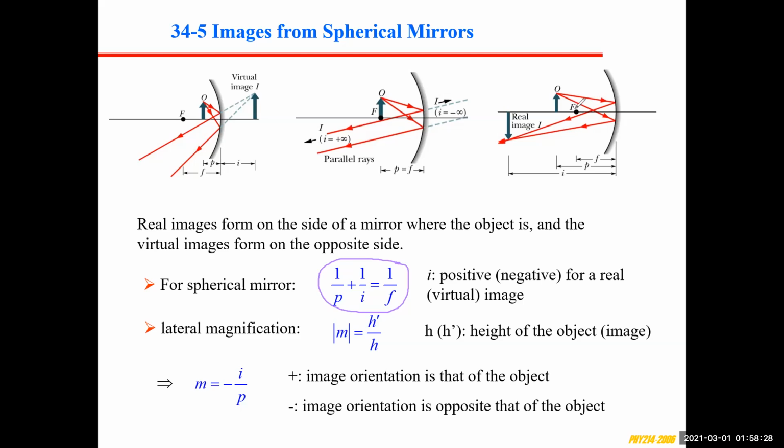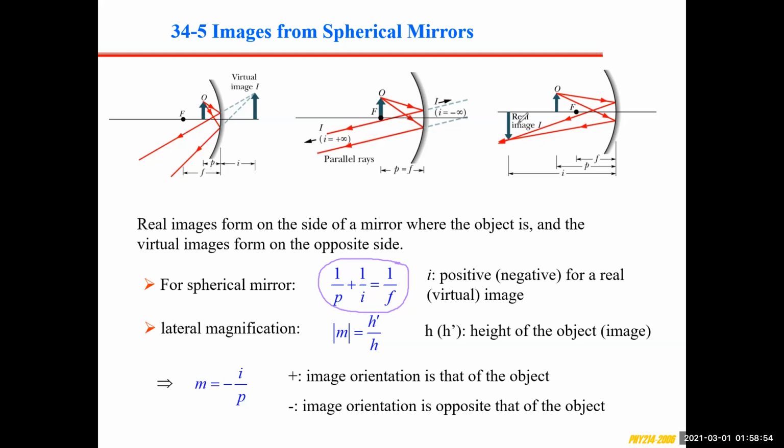Now, what about if I have an object that is placed outside the focal point? Let's say you have an object, the incident light ray is reflected, and you'll find that when the object is placed outside the focal point, it's going to produce a real image, because this image is formed by real light rays.